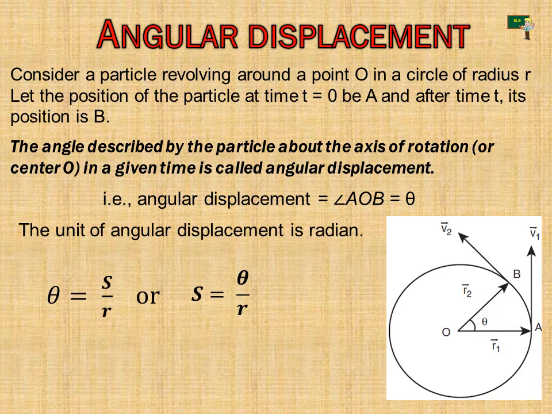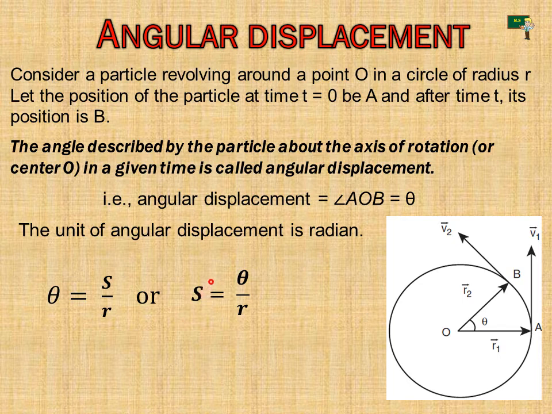The angular displacement theta in radian is related to the arc length S AB and radius r, and the unit of angular displacement is radian. Theta is equal to S by r. Here S is referred to as the displacement from position A to B with respect to the radius.